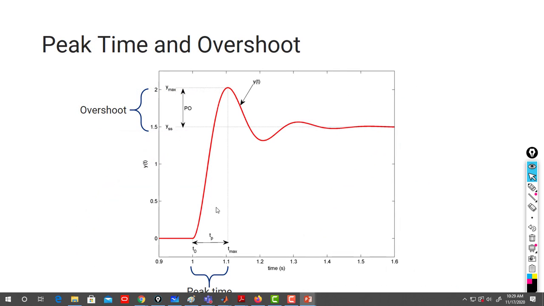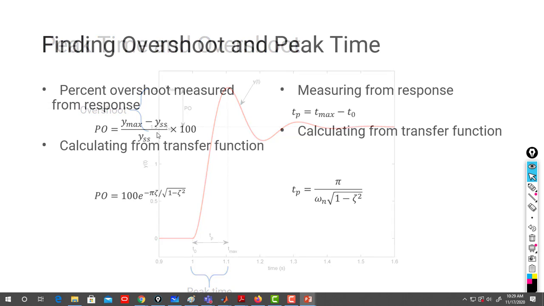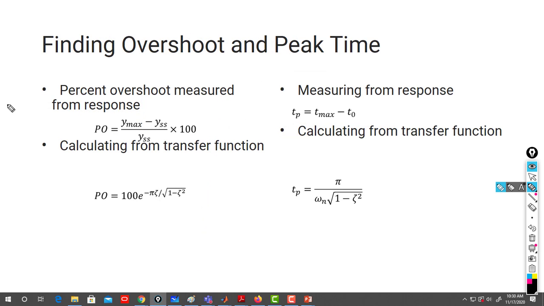So we know how to compute the overshoot. A lot of students get confused, and I found this a good slide, when the step input is not unit, is not 1. Almost all students forget to divide by the steady state response y.